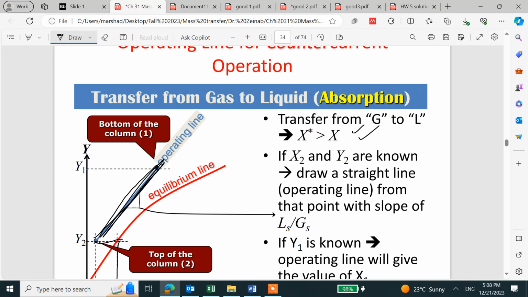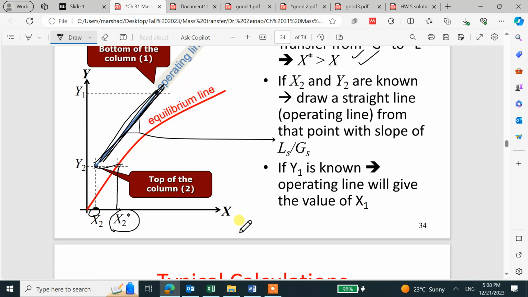Liquid concentration is less than the equilibrium one. It means that liquid can take from gas. Liquid takes more. So that is absorption.